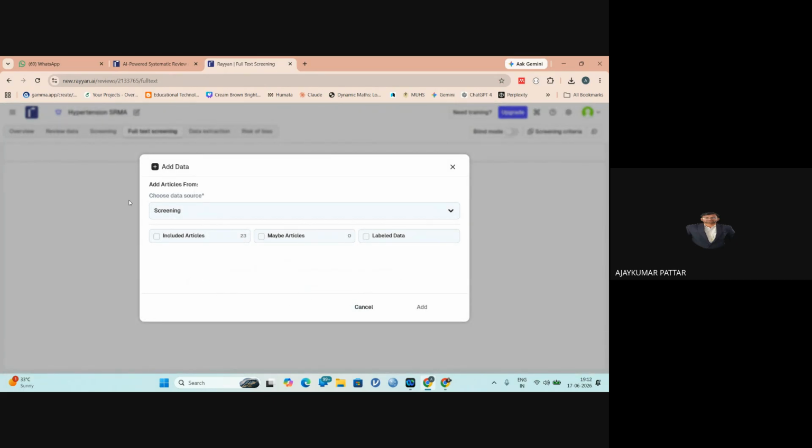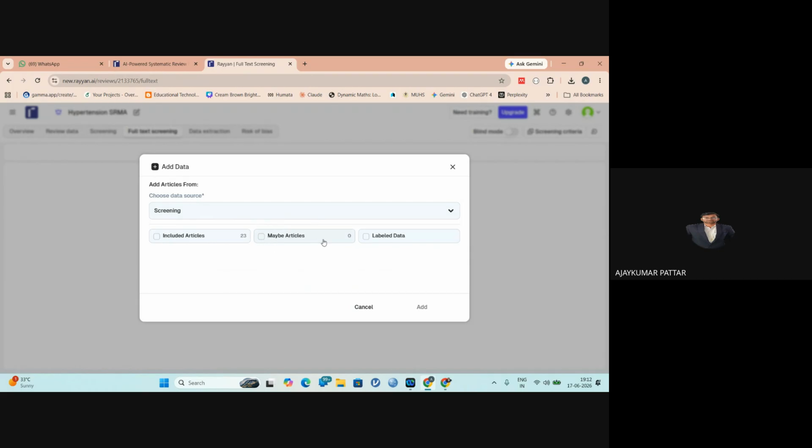Now it is asking about screening for full text, whether to include included articles, maybe articles, and labeled data. The maybe articles are those we resolve by our consensus. If any maybe articles cannot be resolved at title abstract screening, that paper can go once again for full text screening.